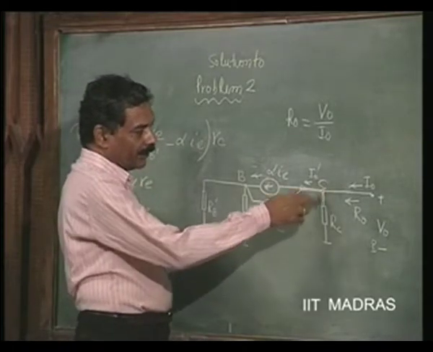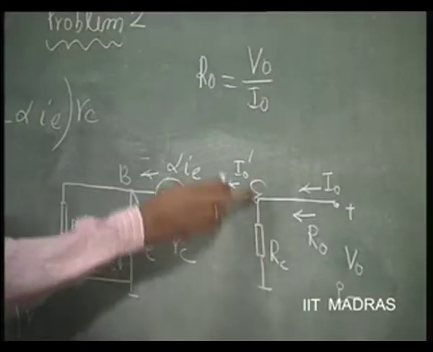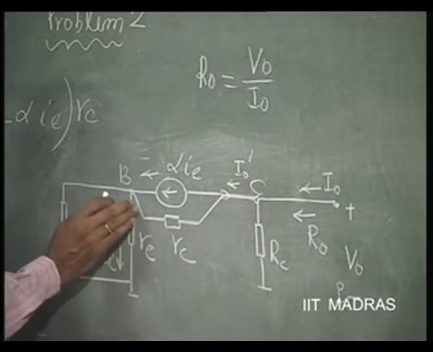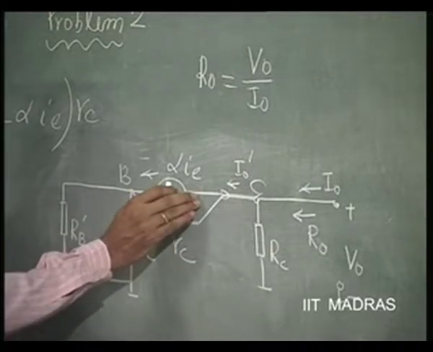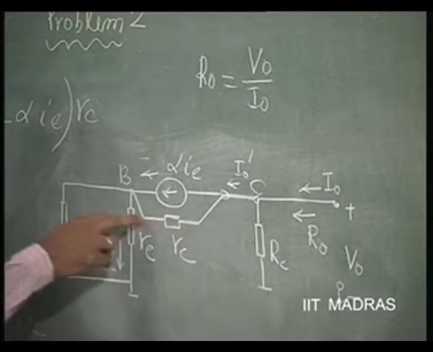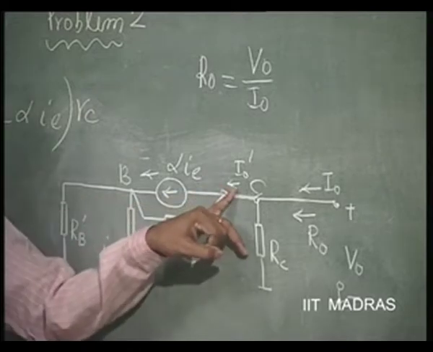Obviously, we can say that RC directly comes across V naught. So, RC is shunting whatever impedance comes at this point. If you had not had this RC, it would have been merely this capital RC. Because of this RC, there is some effect. Let us see what it is. We will call this I naught prime.